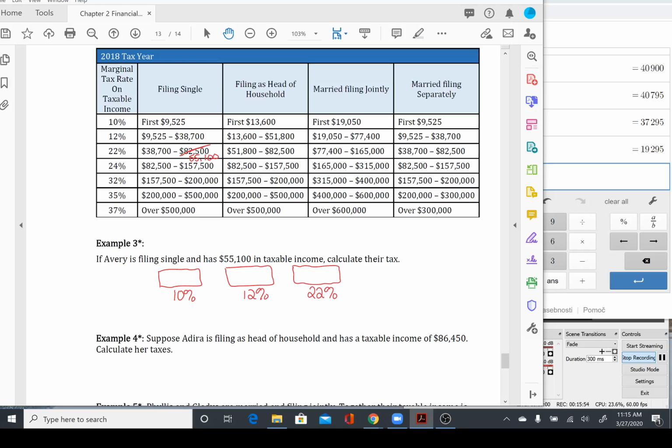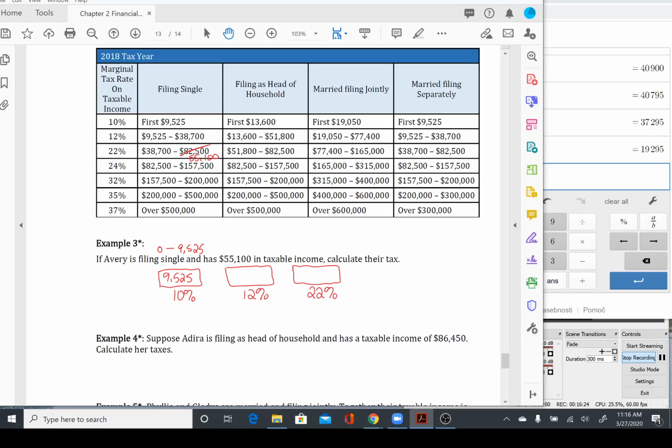What you need to figure out is how much money is in each of those tax brackets. The first one's relatively easy. From 0 to 9,525. That is 9,525. All you need to do is subtract these two numbers. How much money is in the 12% tax bracket?